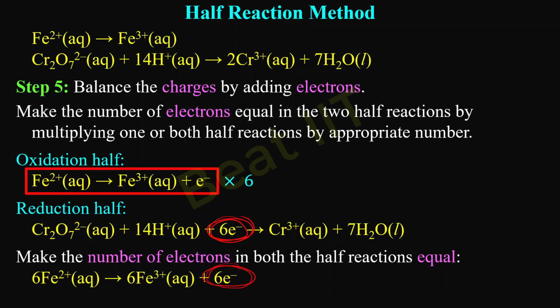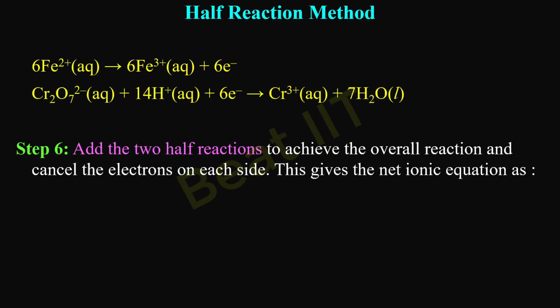We are doing it because in the second step we had split the equation into 2 halves, oxidation half and reduction half. In the last step we will be combining these halves to get the net equation. So when we add these two, we should have these cancelled, and these will get cancelled only if they are equal. Now add the 2 half reactions to achieve the overall reaction.